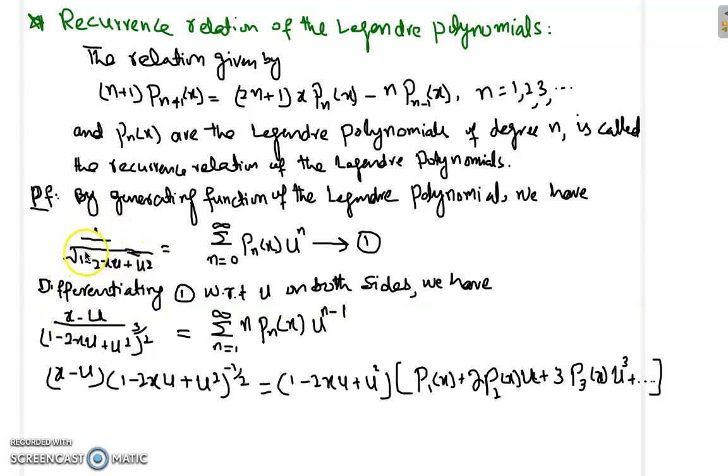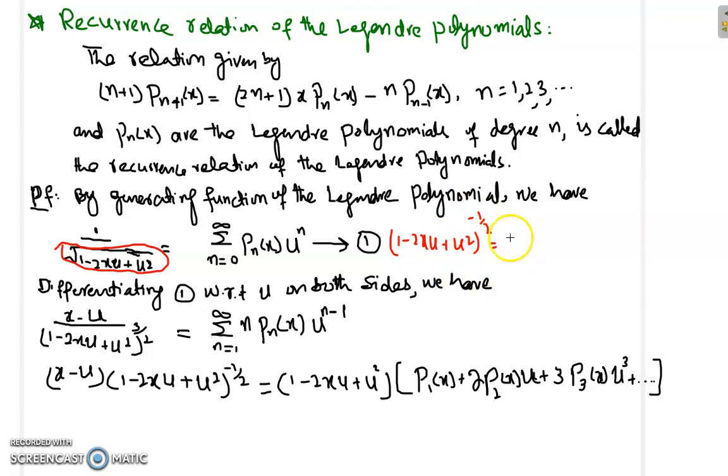While differentiating this, if we write it in the form of (1 minus 2xu plus u squared) to the power minus 1 by 2, we can differentiate this term.